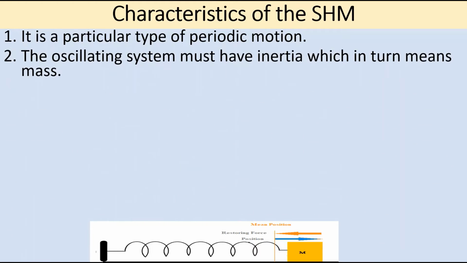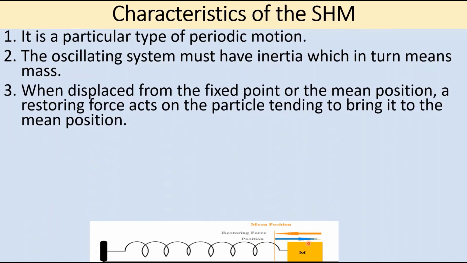The second characteristic is that the oscillating system must have inertia, which in turn means mass. Here in the figure you can find the mass. The third is that when displaced from the fixed point or the mean position, a restoring force acts on the particle, tending to bring it back to the mean position.